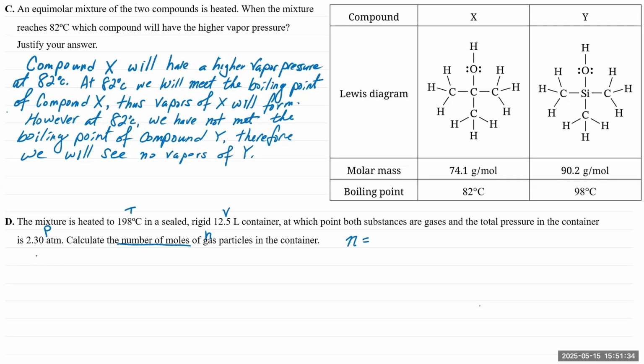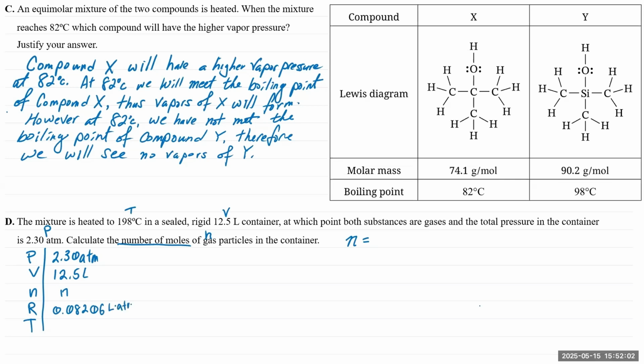And let's put some information down. We got PV = nRT. Pressure is 2.30 atm. Volume is 12.5 liters. n is what we're trying to solve for. What is R? 0.0821 or 06? I forget.